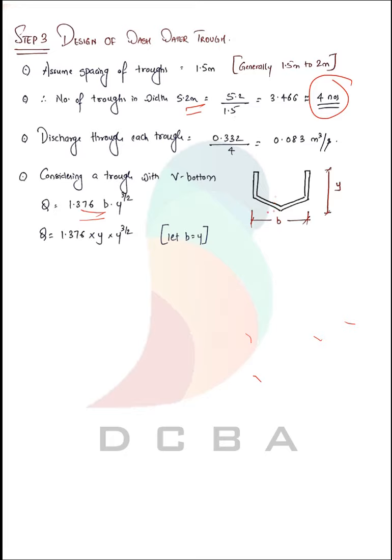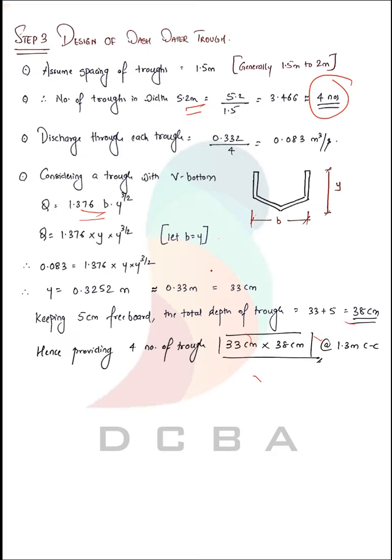Assuming that your width and height are equal, that is B is equal to Y, you can find the height of the trough here. So the height of the trough comes out to be 0.3252, which is equivalent to 0.33 meters. So 33 centimeters is the height of the trough that is required.